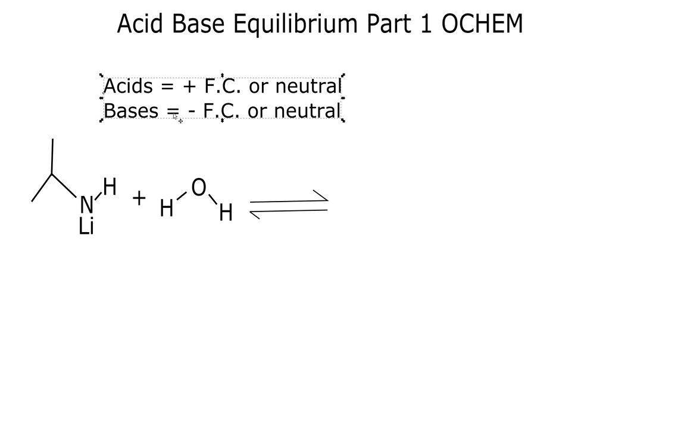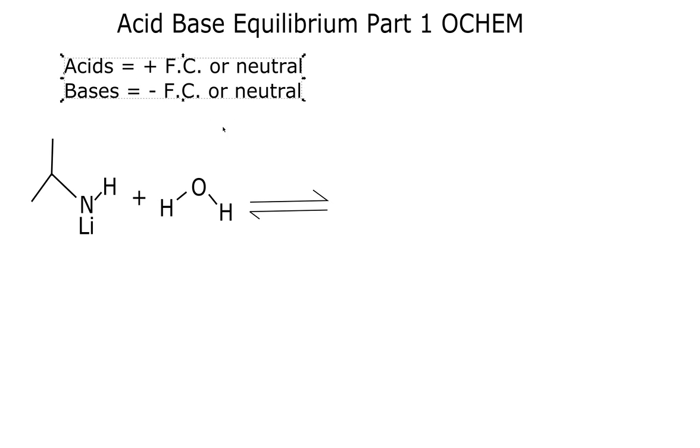And if you look at this example right here, you would see that, oh, they're both neutral. There's no formal charge. Well, there actually is a formal charge. This lithium is a metal, and we know nitrogen is a nonmetal, so that is forming an ionic bond. So lithium is found in group 1, so has a positive formal charge, and nitrogen would then have a negative formal charge. And what is an ionic bond?